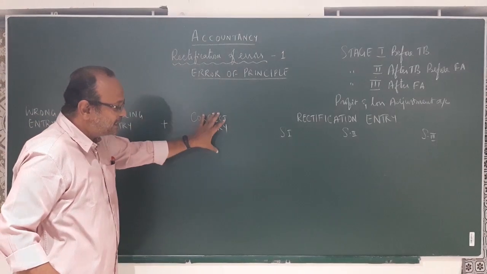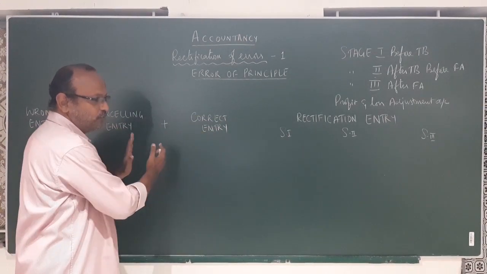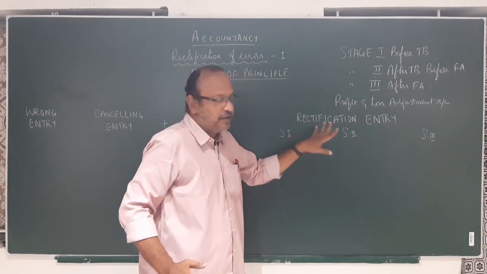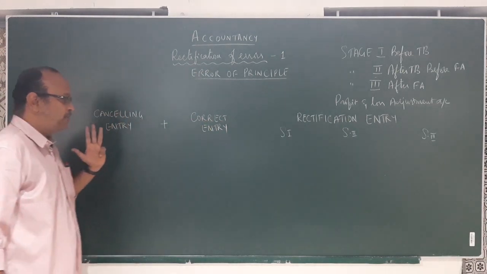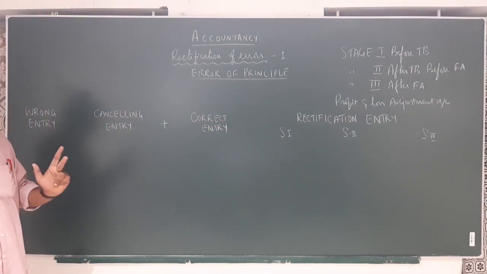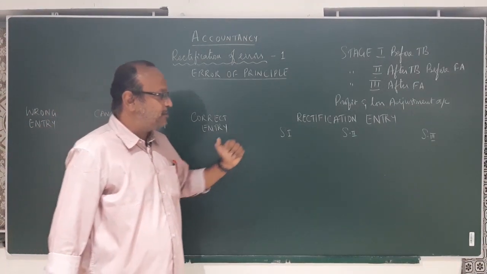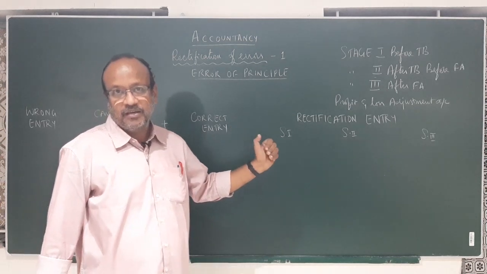Then we write the correct journal entry for the transaction. Then we combine these 2 journal entries. Based on the stage of rectification, we pass the rectification journal entry. 1, wrong entry. 2, cancelling entry. 3, correct entry. And the 4th stage, we get the rectification journal entry.